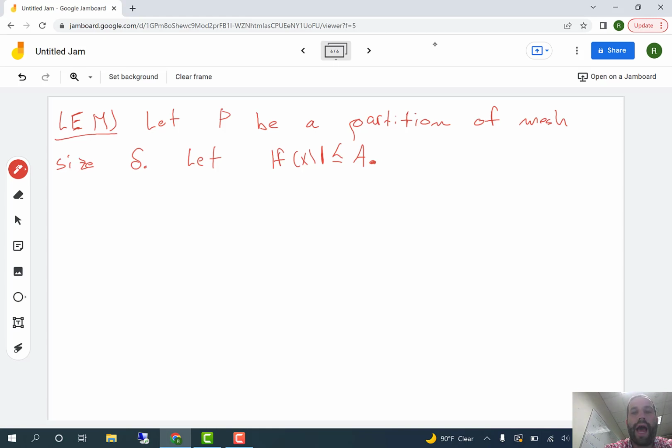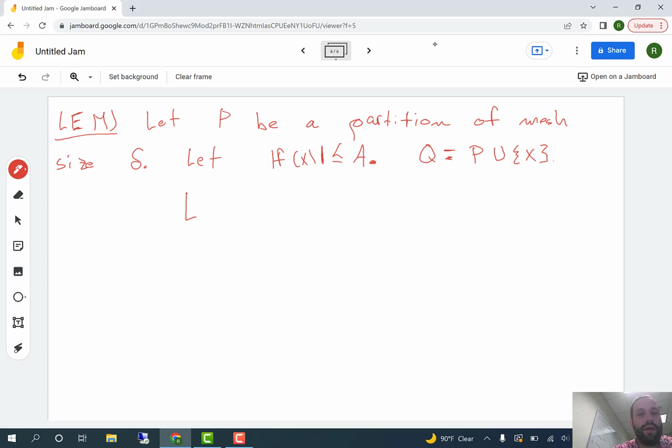Okay, and so now we're going to define a new partition. Q is going to be equal to P union one additional point. Okay, so we're just going to add one additional point to P. Then we have the following estimates.